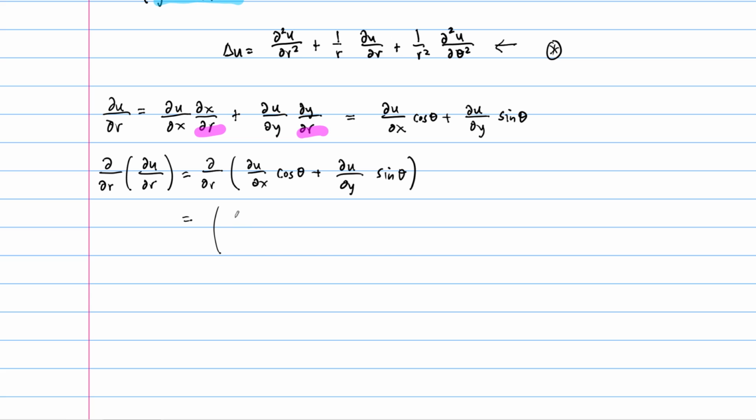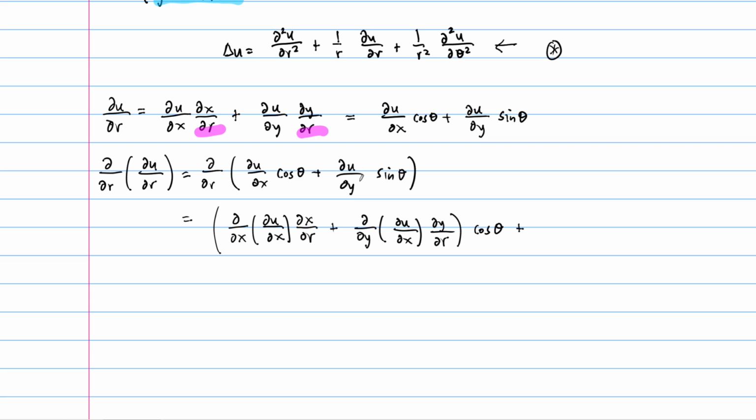It's going to be d by dx of du by dx times dx by dr, we're taking the r derivative, right? Plus d by dy of du by dx times dy by dr, times cosine of theta. It leaves that one alone.